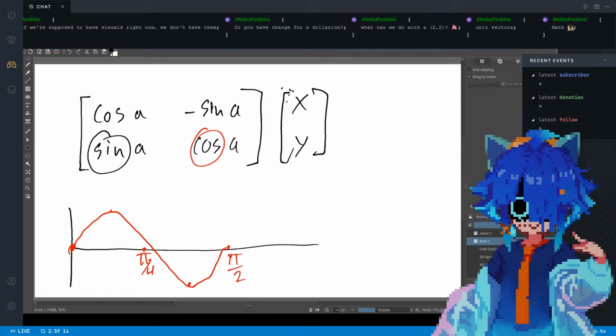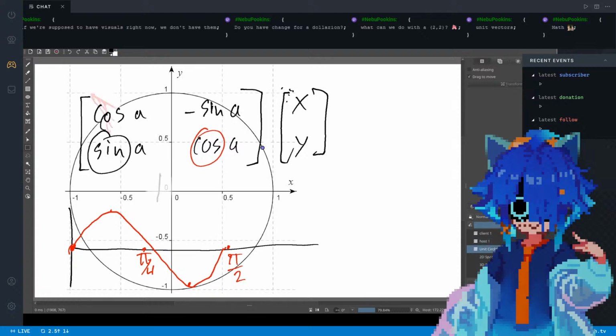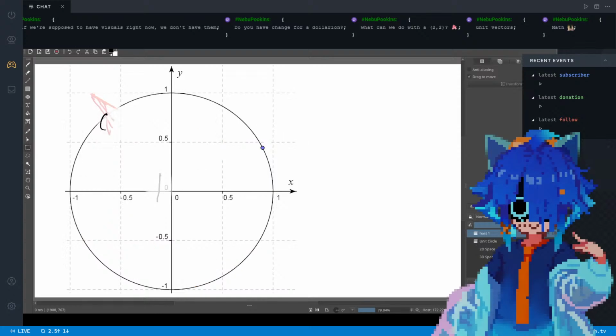It turns out that sine measures, if we bring back our unit circle, how far up we are. So if we go around, we're up 0, and then at pi over 2, we're up at 1, and then at pi, we're back down at 0.